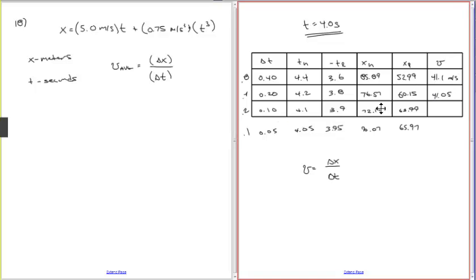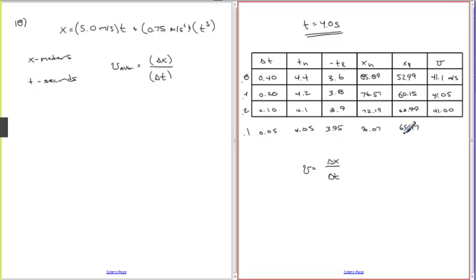Next, using the next row, 72.19 minus 63.99. We divide by 0.2 in this case, and we get 41.00.